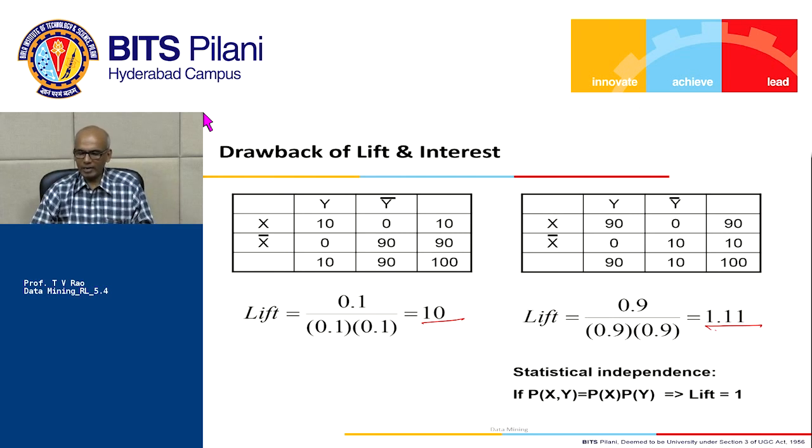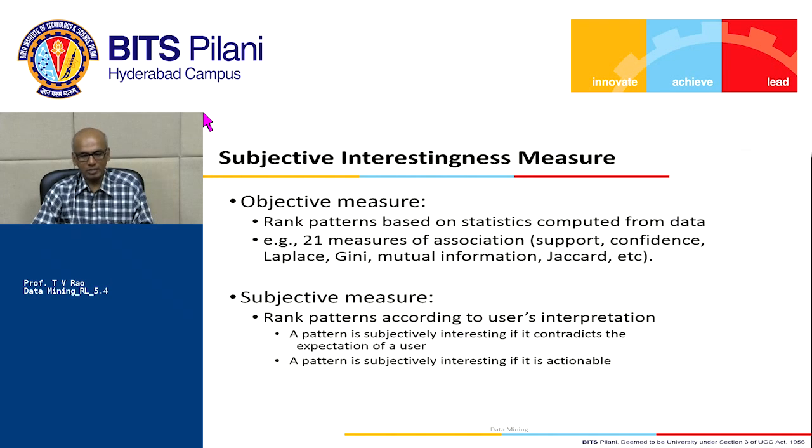If we are looking at statistical independence, then this is giving simply 1. So the point is that these measures also have their own limitations. So we need to study further, and there is significant interest in studying this topic to arrive at interesting association rules.